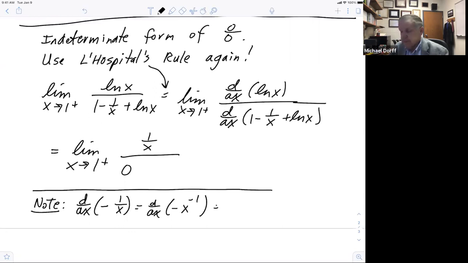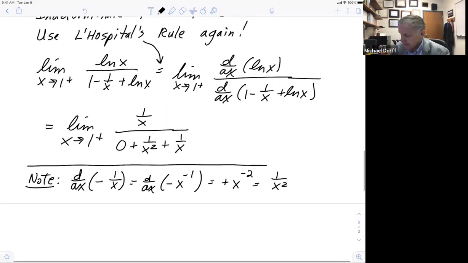When I take the derivative by the power rule, I bring the exponent out front. So I have a negative times a negative 1, which gives me a positive, x, and I reduce the power by 1, so I get minus 2. That's going to be 1 over x squared. I included the negative there. So now I'm going to have 0 plus 1 over x squared. And then the last part is the derivative of natural log of x, which is 1 over x.